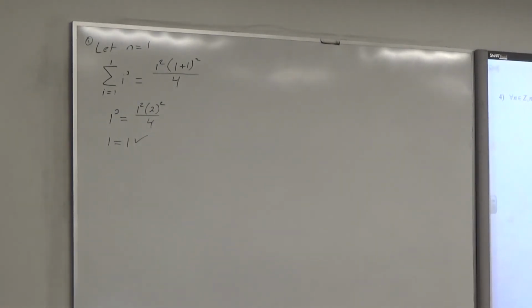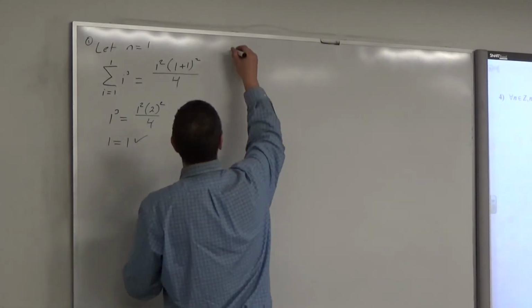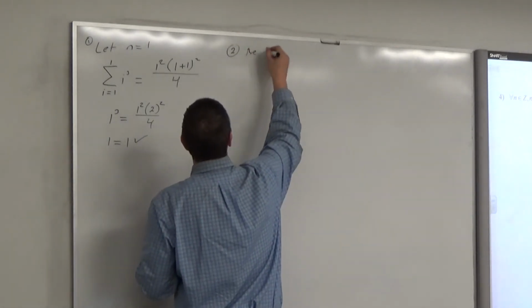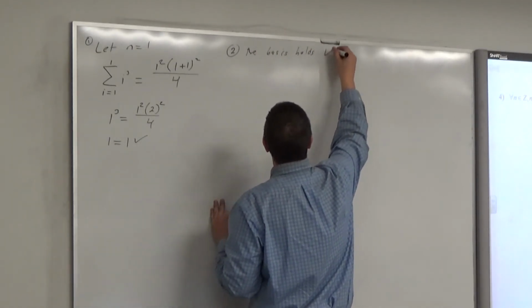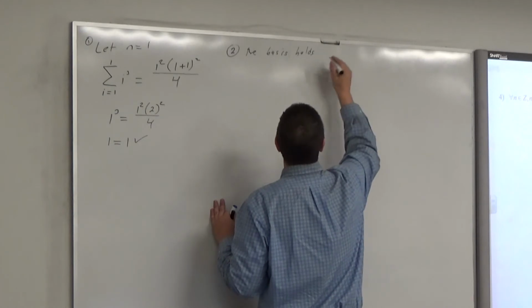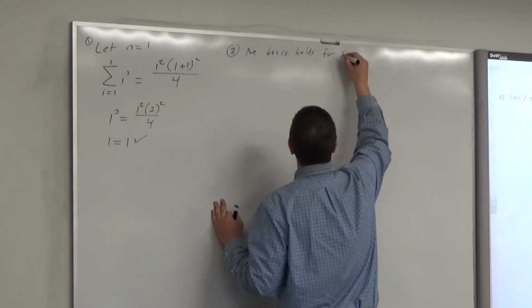All right, guys, we assume the result holds for all n equals k. So we say the basis holds for small values of n.